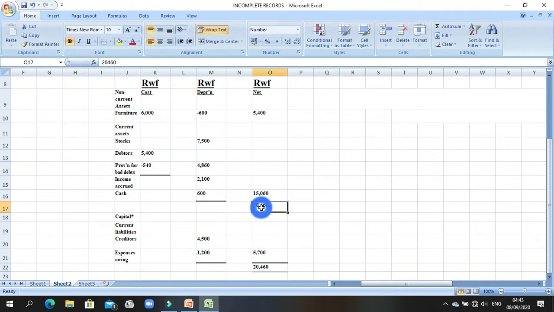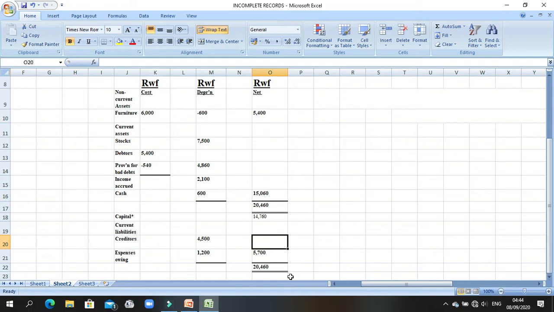You see here our total asset will be like this, and also we want to get the total liability, which is like this. So we have to get the balancing figure to get the closing capital. That means our closing capital will be equal to this.